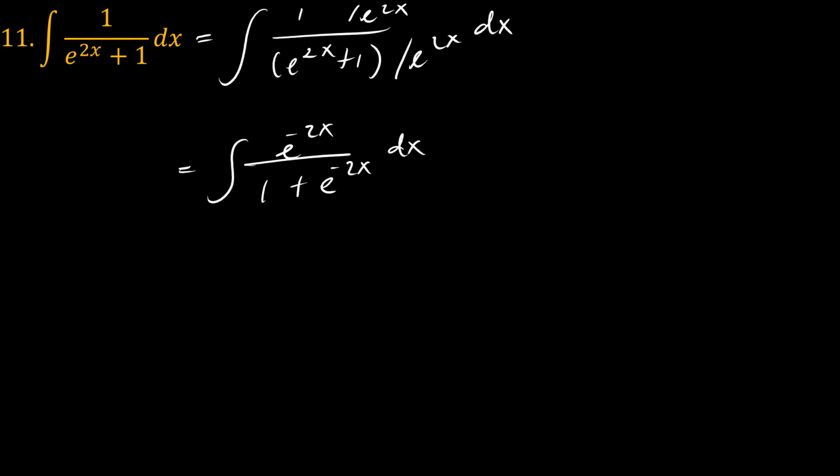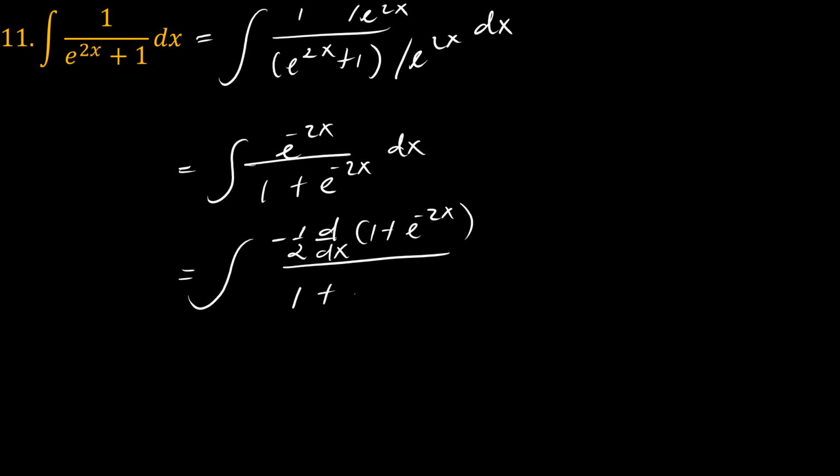Okay, so we can then go ahead and re-express the numerator as negative a half times the derivative of 1 plus e to the negative 2x over 1 plus e to the power negative 2x.